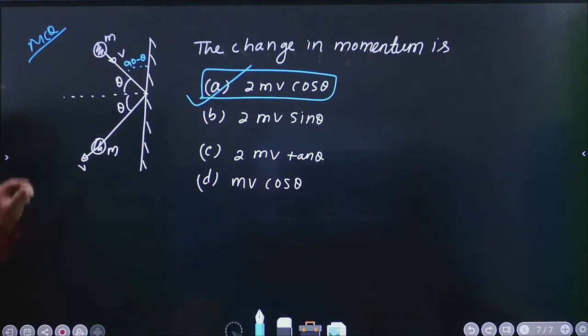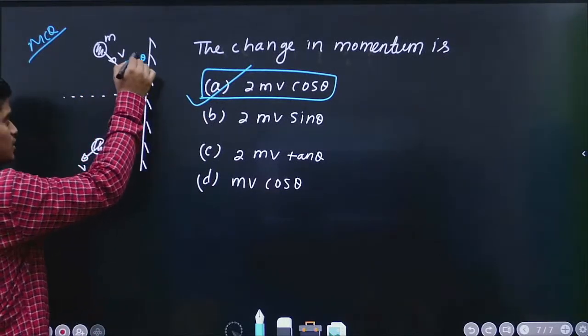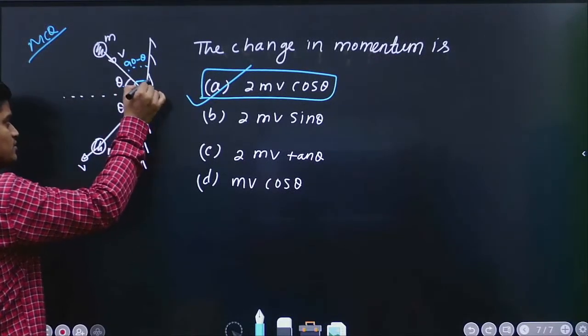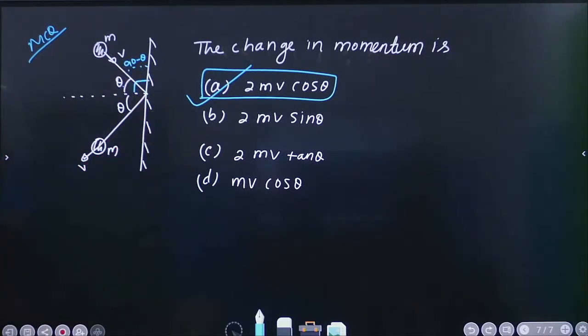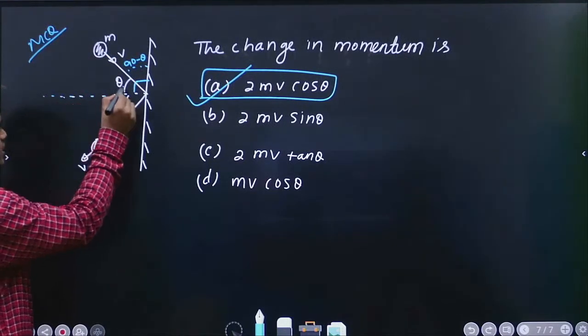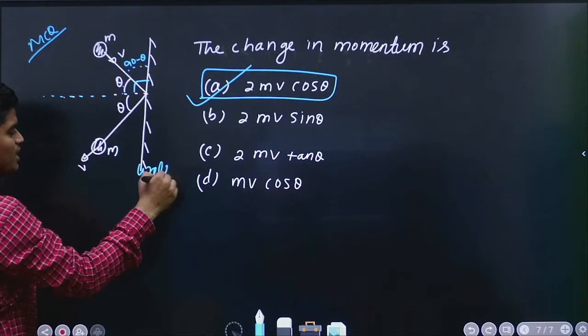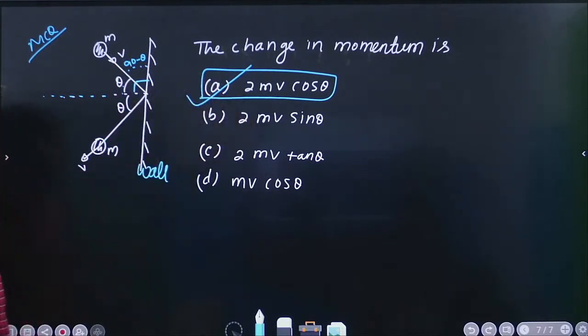Here it would be 2 mb sin theta, but if you consider this angle, it actually comes as 90 minus theta, since this theta means this is 90 degrees. That's why it is 2 mb cos theta. Remember this directly, and remember the picture. If theta is mentioned with the wall, then it is 2 mb sin theta.